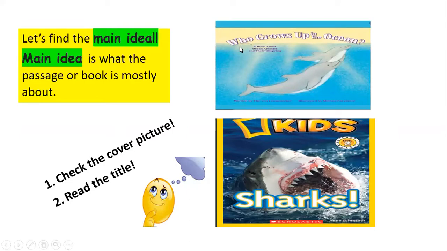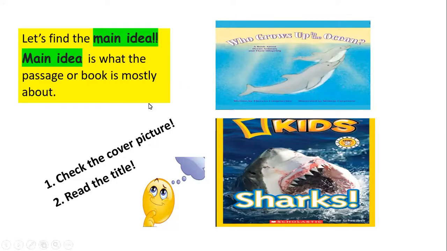So that got me thinking, this is not just going to be about dolphins, because based on what we already know, there are many other kinds of animals that live in the ocean. So this book is going to be mostly about animals that grow up in the ocean, because it says, Who grows up in the ocean? Again, did you see how we do that?